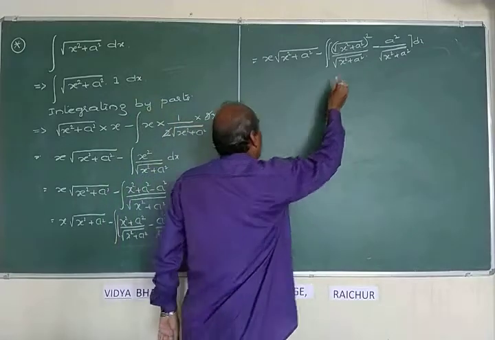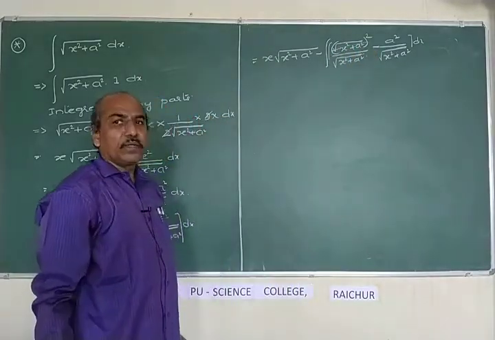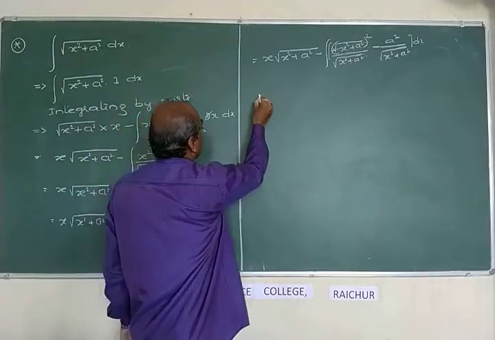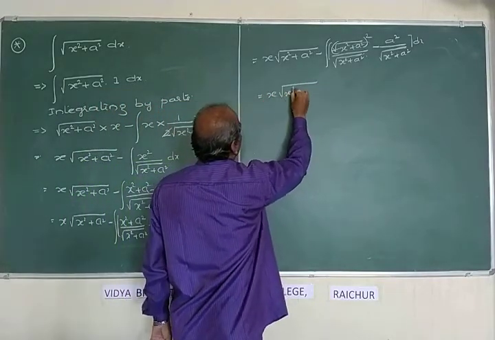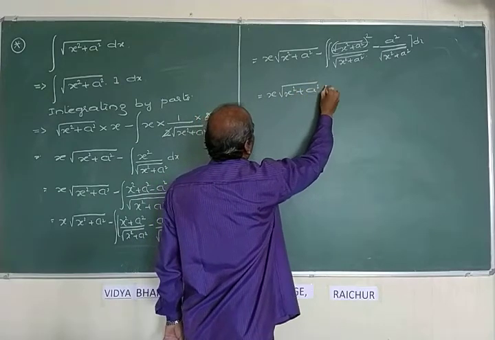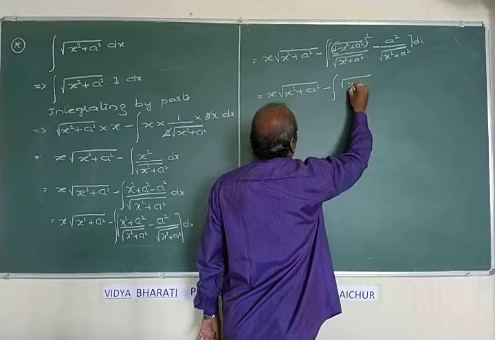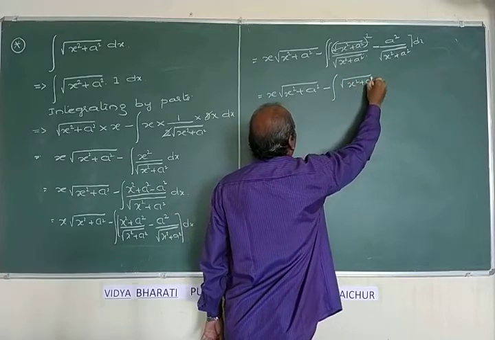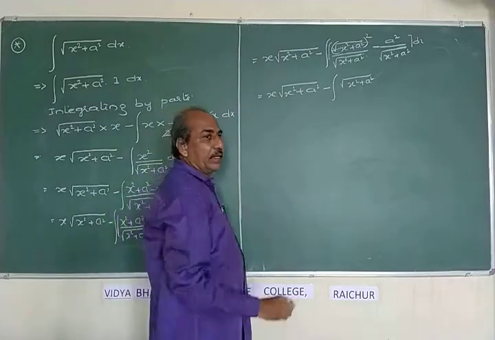So the integral of root of x square plus a square is equal to x into root of x square plus a square minus the integral of, root of x square plus a square is left in the numerator, right?